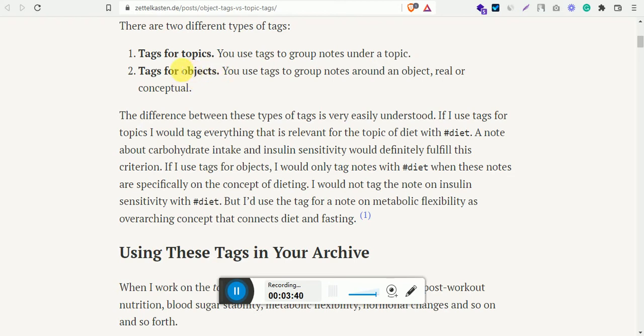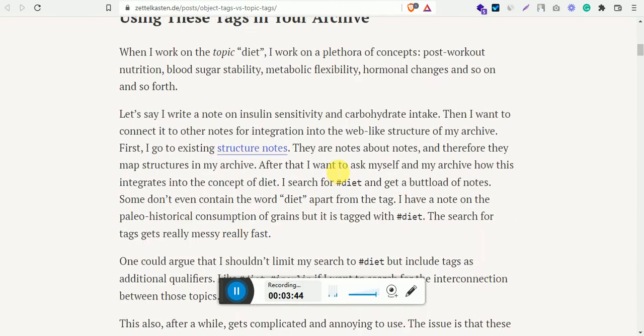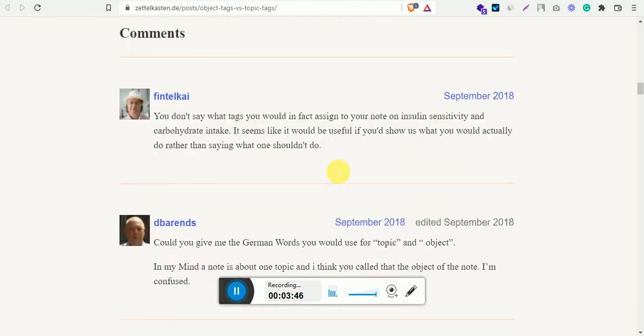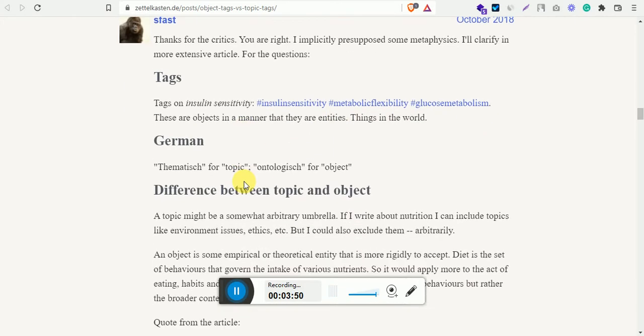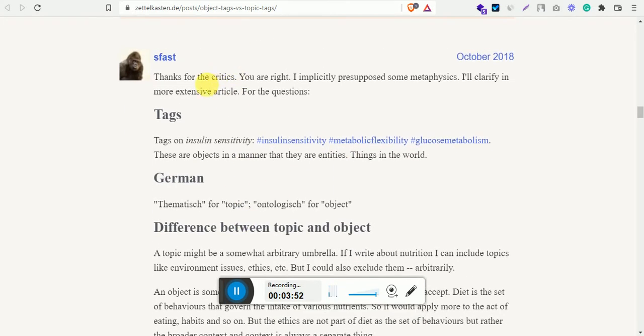In this post they haven't taught anything about objects, but as I browsed through the comments, I was able to find this difference. They said that tags can be insulin sensitivity and metabolic flexibility and glucose metabolism. If you search these particular tags, you will be able to browse that particular thought rather than just diet.